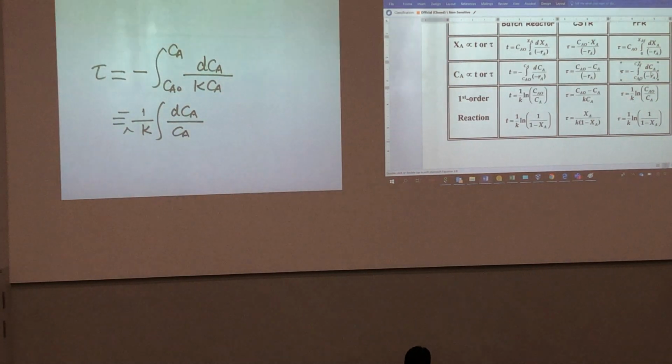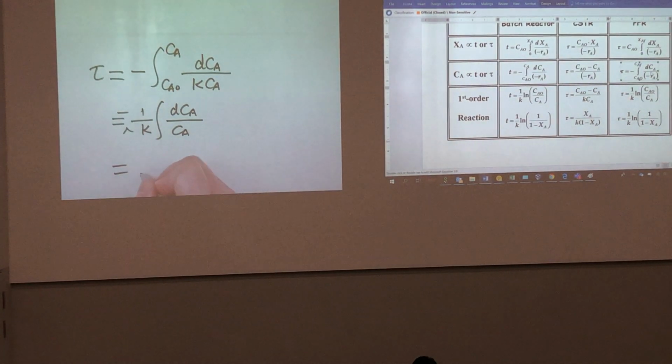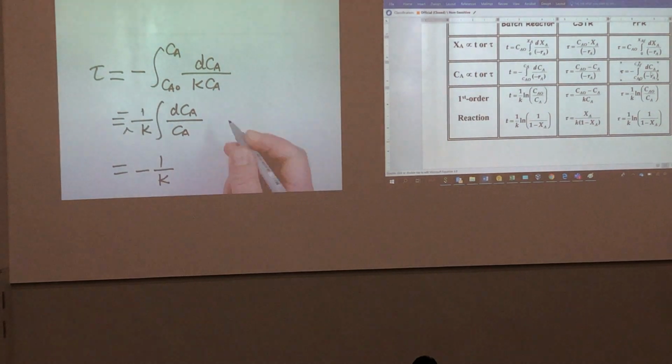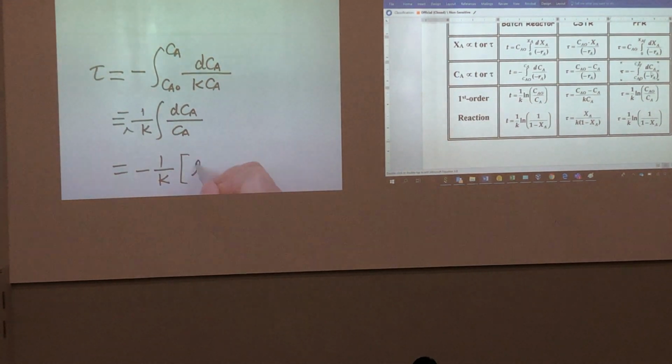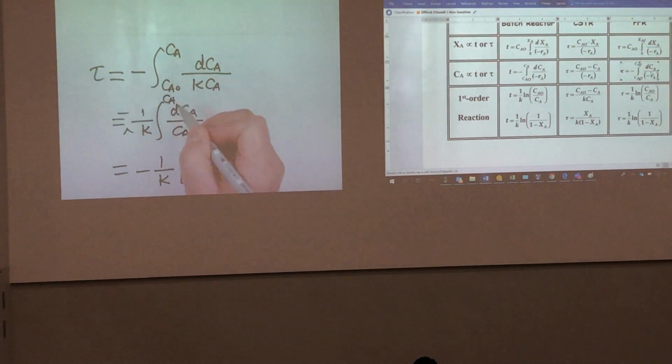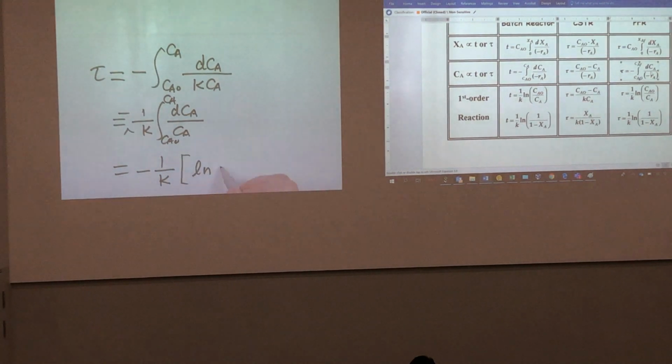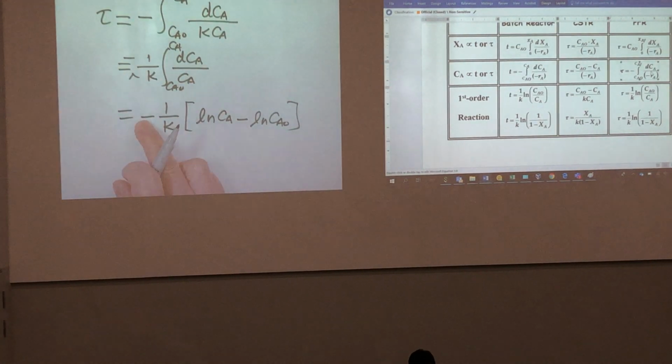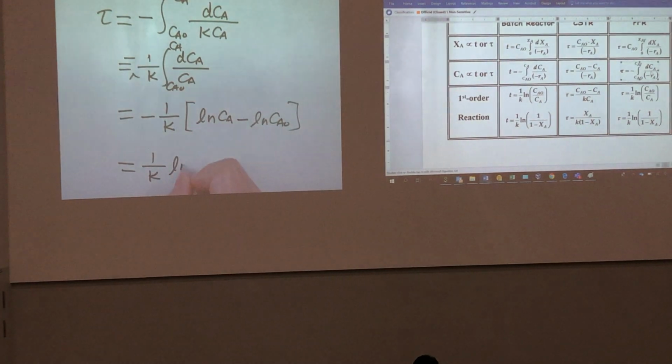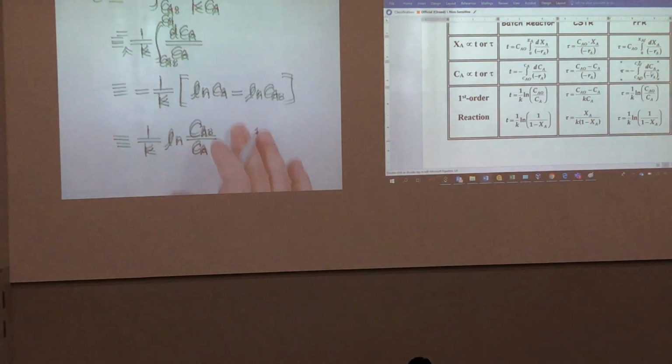Okay. So minus 1 over K. Then inside, you'll have ln CA minus ln CAO. Okay, don't forget outside you have a minus, right? So it will be 1 over K ln CAO over CA.